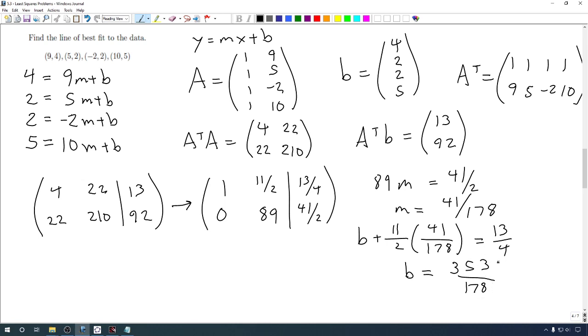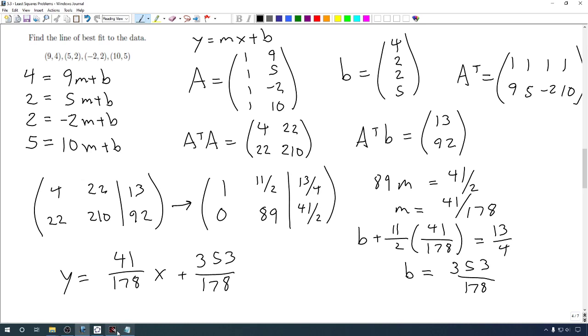We could put those together as our least squares solution. But remember what it's supposed to represent. It's representing this line of best fit. So y is equal to m, which is 41 over 178, times x, plus 353 over 178. And that's supposed to be the closest line to actually fitting our data.